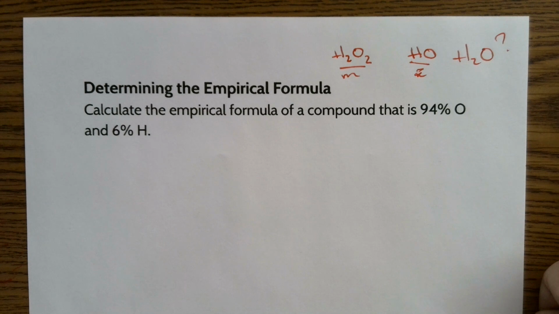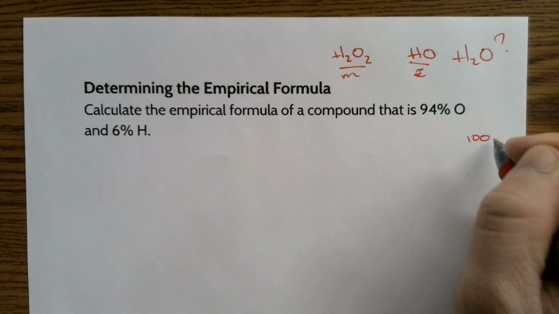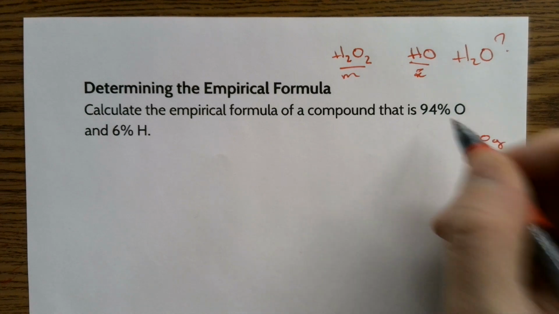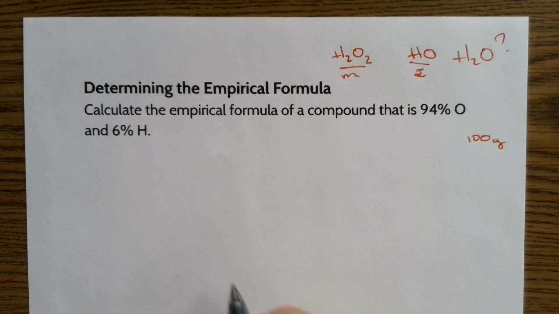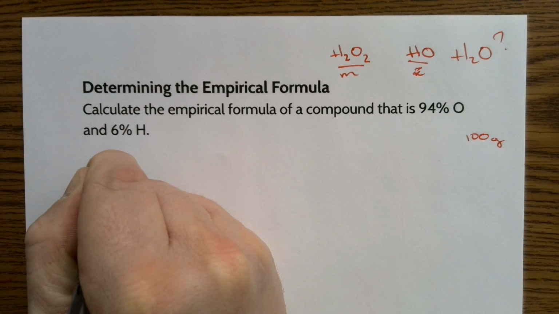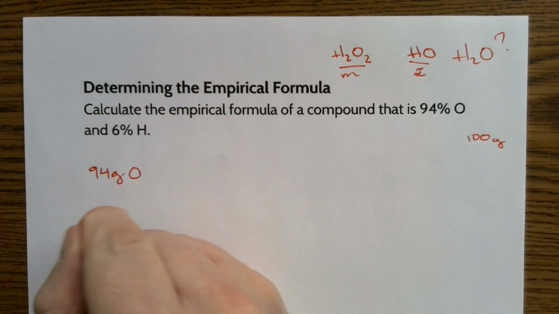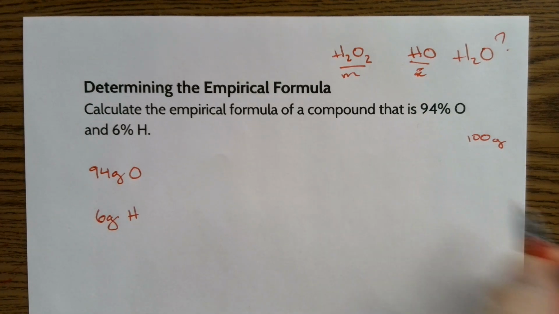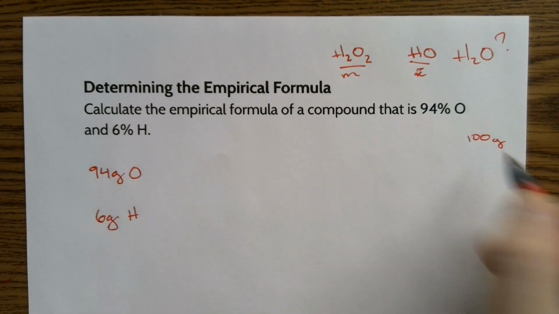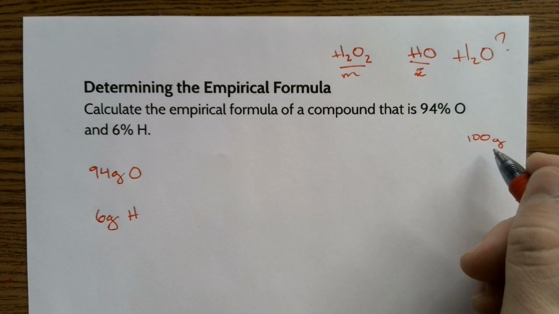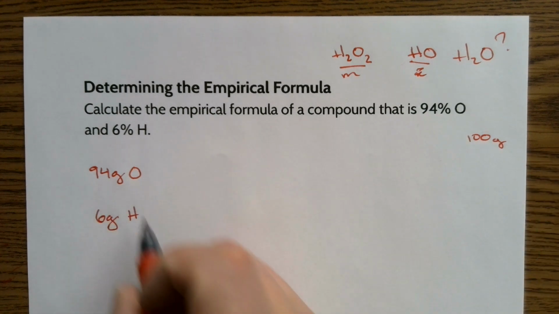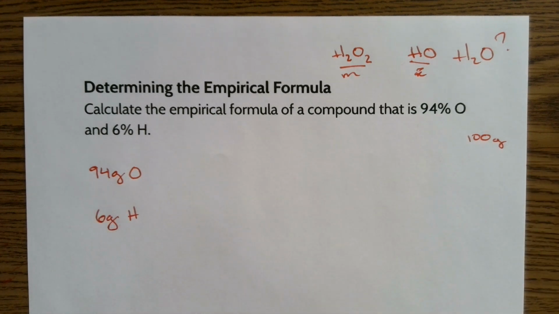They add up to 100%. So if we have 100 grams of something, we can imagine that 94 of those grams are going to be oxygen. So on this side, I'm going to write 94 grams of oxygen, and then 6 grams of hydrogen. Do you see how I did that? Because 94 plus 6 is equal to 100. Let's just say that we have 100 grams of this sample. Well, 94 of it's going to be oxygen, and the other 6 grams is going to be hydrogen.